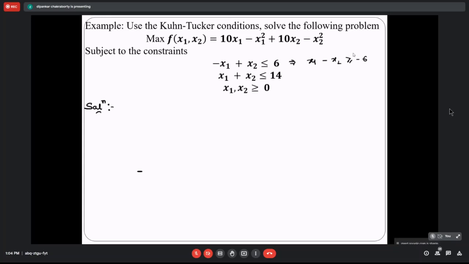Yes, sir. So first we are going to mention that the given problem is a standard maximization problem.